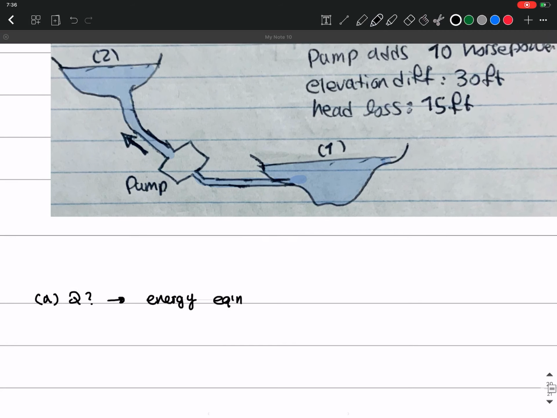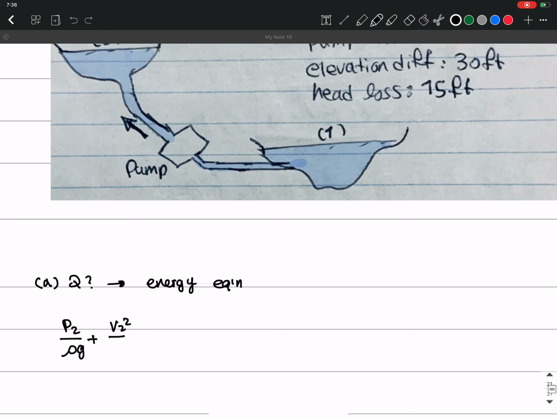So the energy equation states P2 over rho G, I divide everything by G, plus V2 squared over 2G plus Z2 equals P1 over rho G plus V1 squared over 2G plus Z1 plus what? Plus the head of the pump.